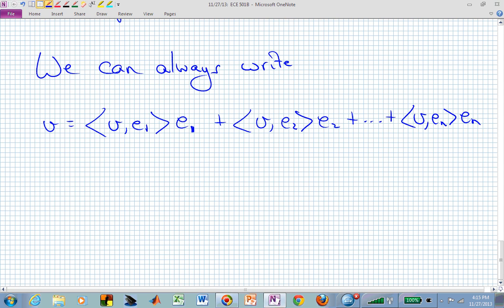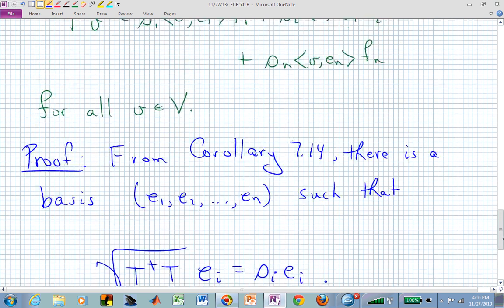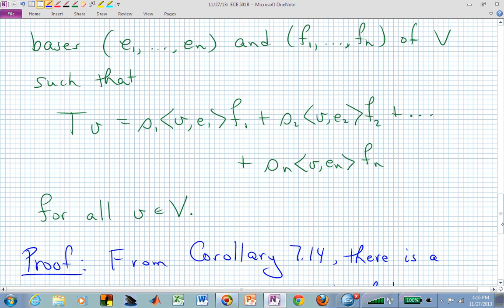That we should feel warm and fuzzy with, that particular line. But now that we have this relationship for v, let's now manipulate that, or basically introduce what we need to essentially create T times v.